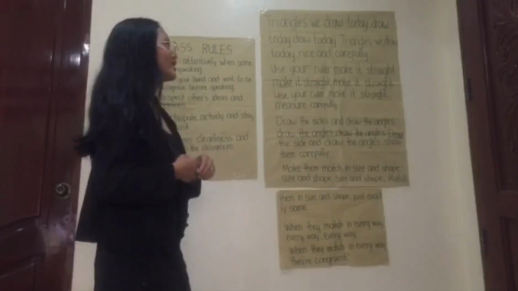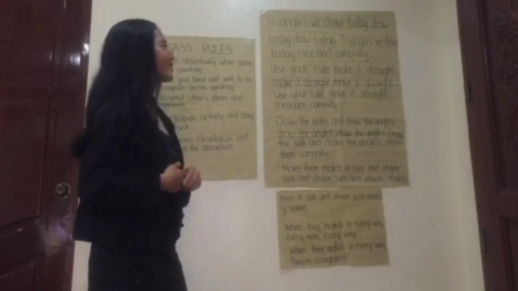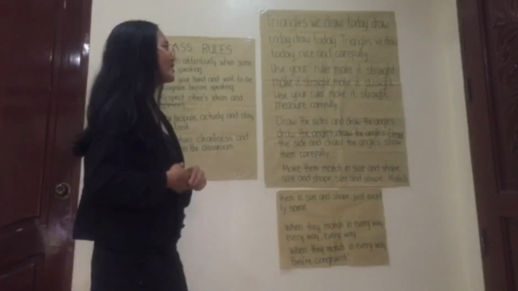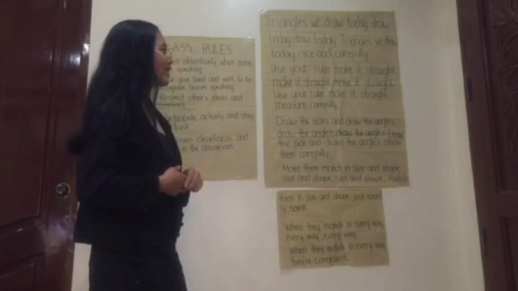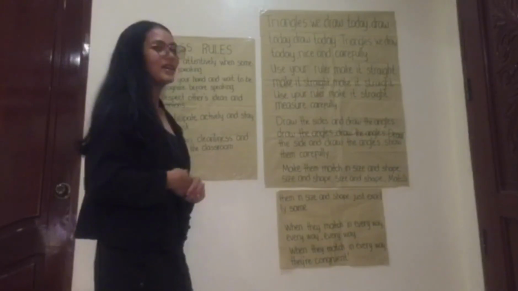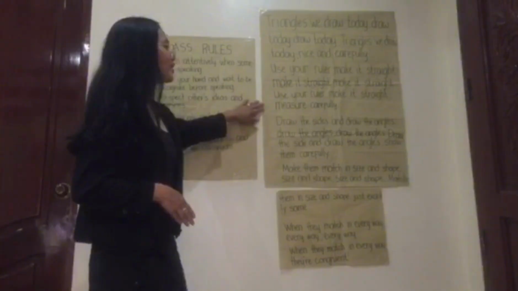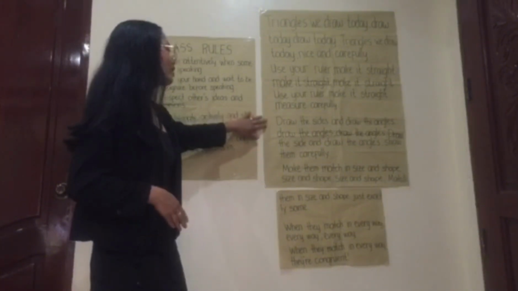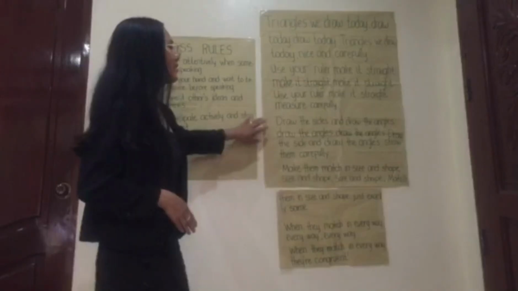Triangles we draw today, draw today, draw today. Triangles we draw today, nice and carefully. Use your ruler, make it straight, make it straight, make it straight. Use your ruler, make it straight, measure carefully. Draw the sides and draw the angles, draw the angles, draw the angles.